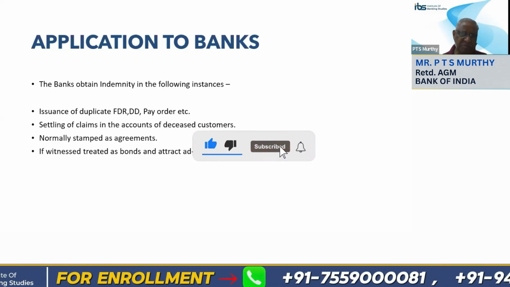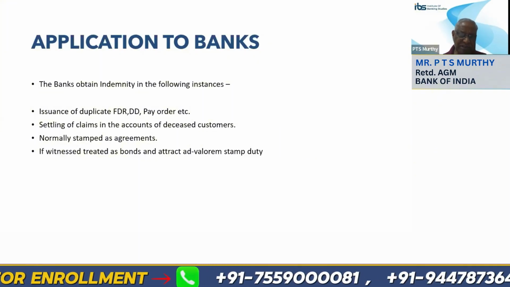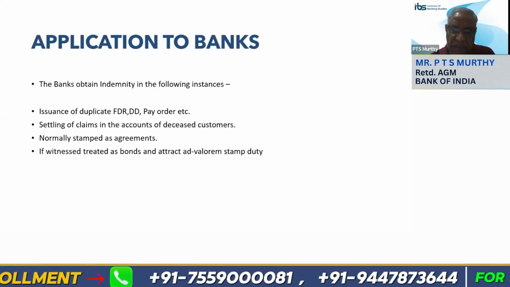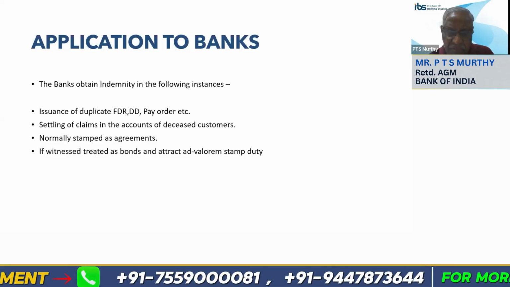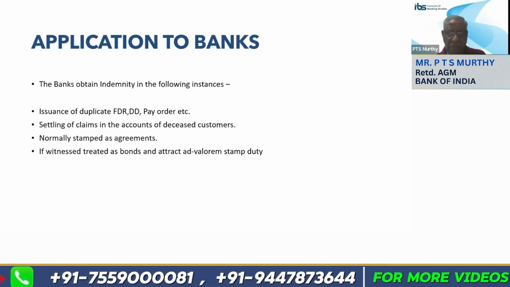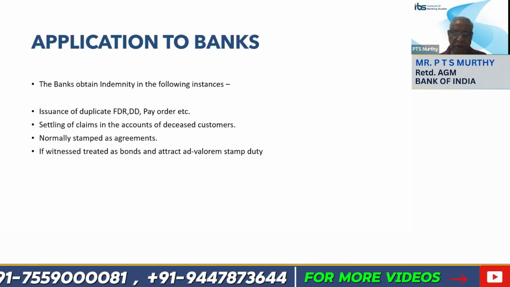Let's suppose that agreement has been witnessed by one or two witnesses, then the stamp duty payable is not 100 rupees, it is ad valorem duty, normally 5% or 1 point, whatever the percentage is. Let's suppose even 5%, then the stamp duty payable on that indemnity is 500 rupees.